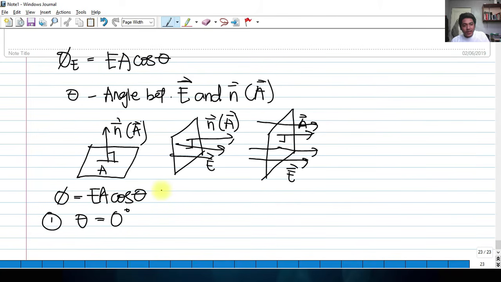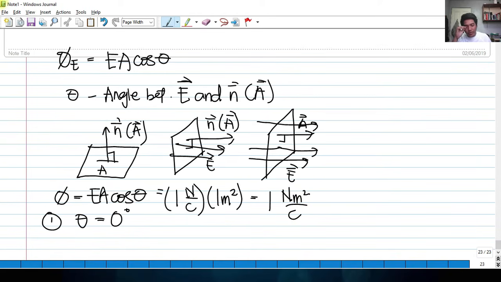So, let's say that we have 1 Newton per coulomb of electric field and 1 square meter of area. Multiplying that, we have a flux that is 1 Newton meter squared per coulomb. By the way, the unit of electric flux is Newton meter squared per coulomb. Okay, that's the case when angle theta is 0 degrees.